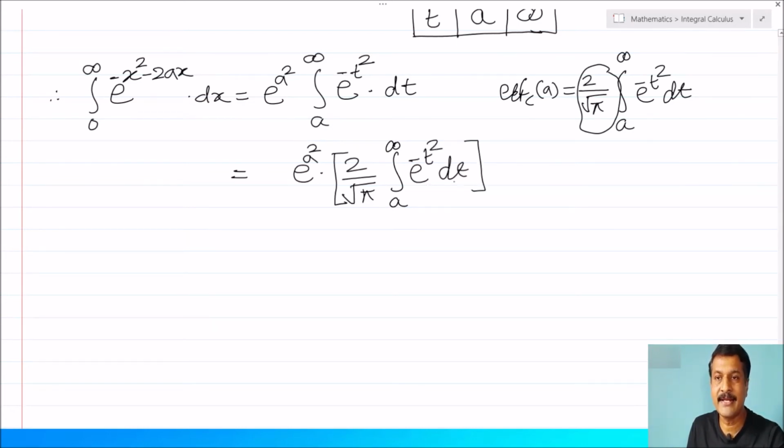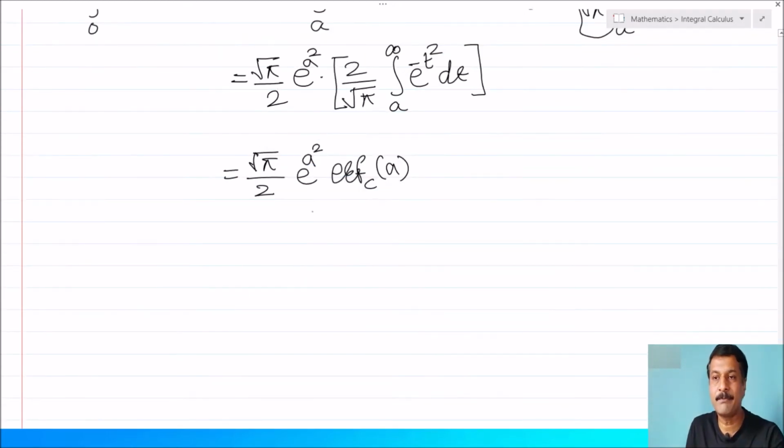So I am taking here additional 2 by root pi, and that is why the adjustment is outside root pi by 2, and therefore by definition of complement of error function, I am getting that bracket is nothing but complement of error function of a.